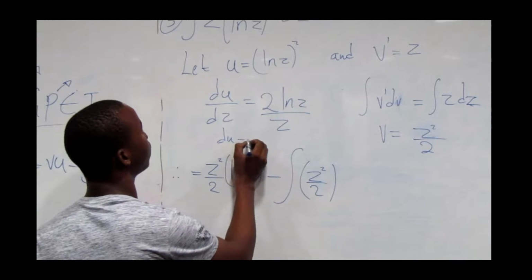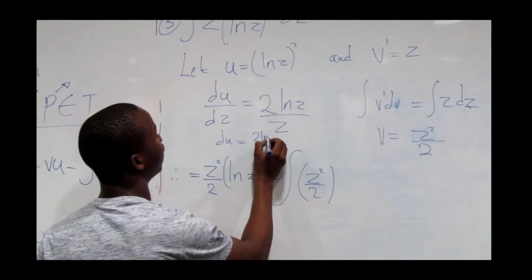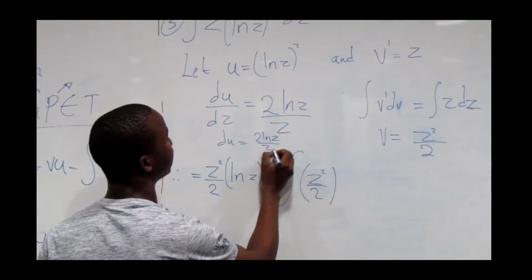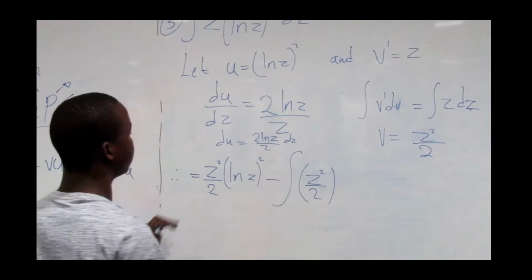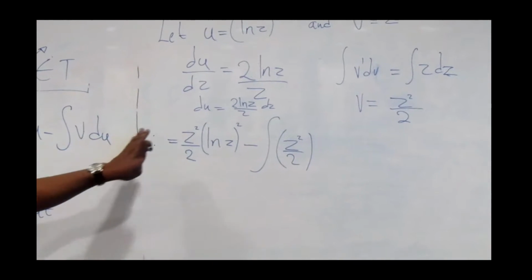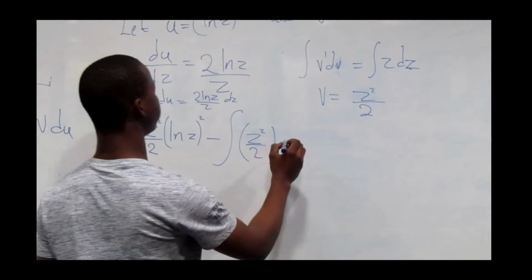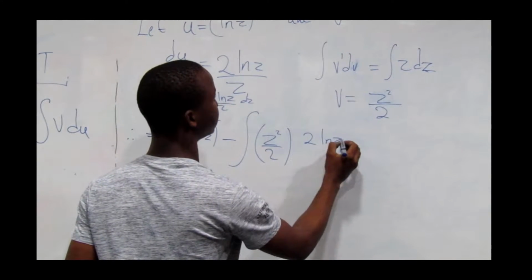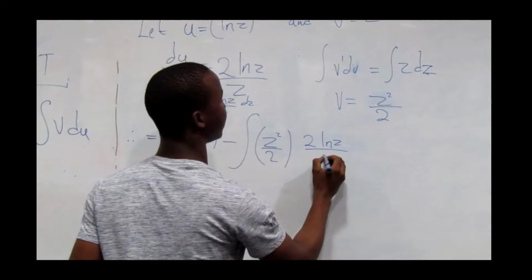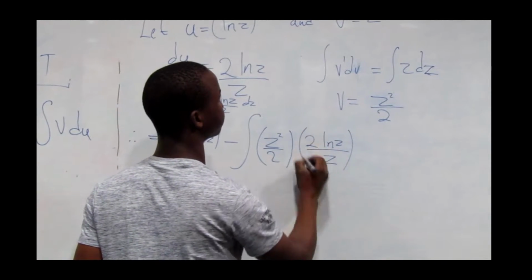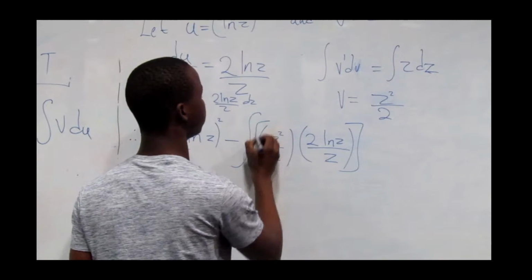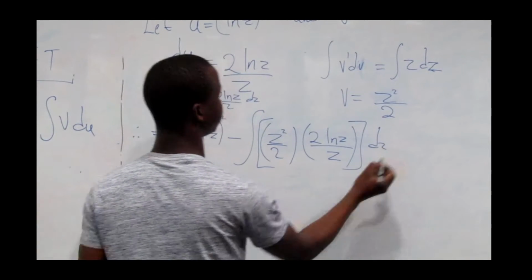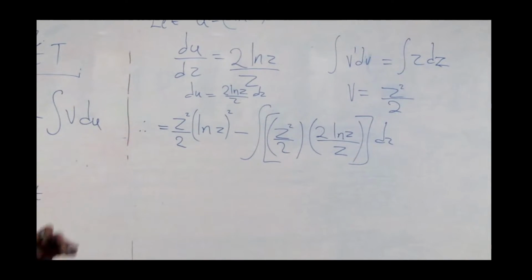The u is equal to 2 ln z over z dz. Our du, we substitute du. The du is going to be 2 ln z over z dz.